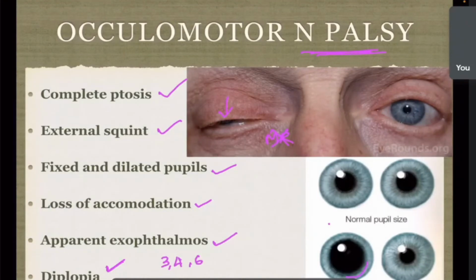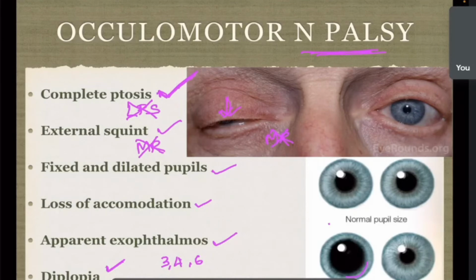So we saw the reason for complete ptosis. Due to the paralysis of which muscle? Levator palpebrae superioris. External squint is because of the paralysis of which muscle? Medial rectus. Yes. Now what is the reason for the fixed and dilated pupil? The sphincter pupillae is receiving the parasympathetic supply via the oculomotor nerve.